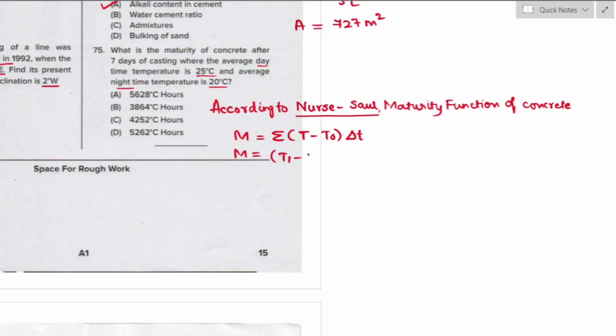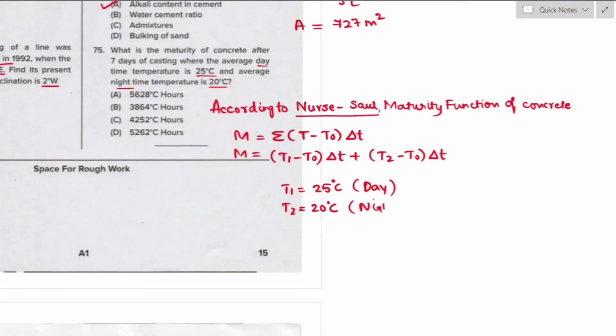So it will be (T1 minus T naught) into delta T plus (T2 minus T naught) into delta T, where T1 is the daytime temperature, given as 25 degrees Celsius, and T2 is the nighttime temperature, given as 20 degrees Celsius.